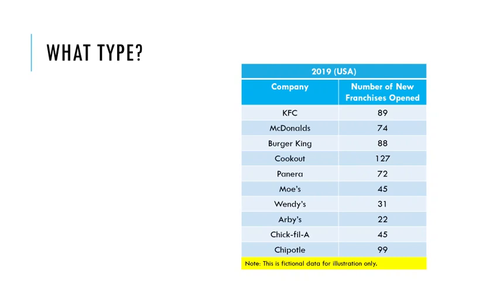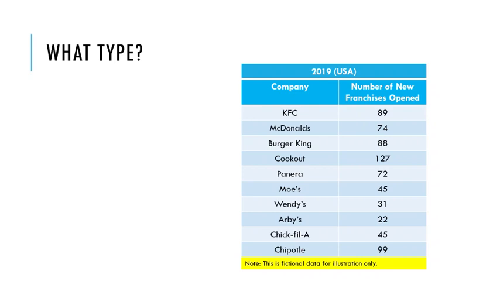Now, what about this example here? I've got data for 2019. I've got a bunch of different companies: Kentucky Fried Chicken, McDonald's, Burger King, Cookout, Panera, and so on. And for each one, the number of franchises opened. So Kentucky Fried Chicken opened 89, but McDonald's opened 74, and Burger King opened 88 in 2019.